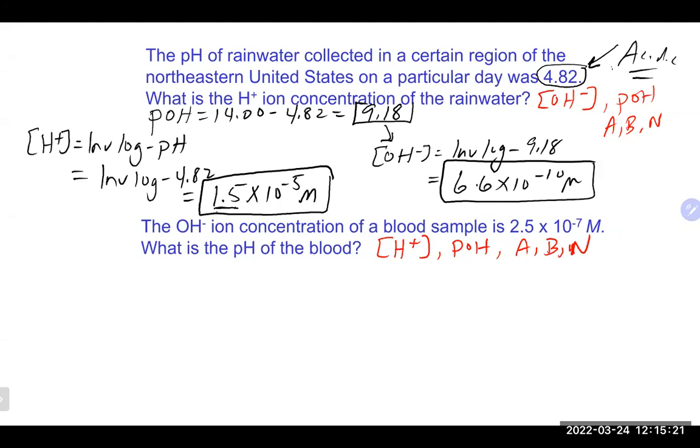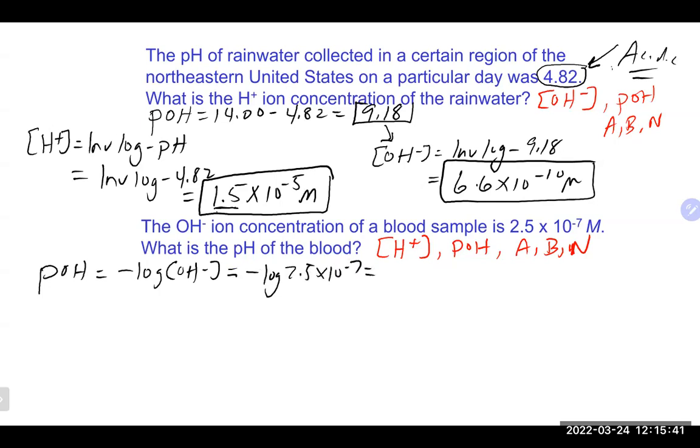Okay, looking at the bottom one here, we have the OH minus concentration. So again, we can get the pOH directly from that if we wanted to. pOH would be minus the log of the OH minus concentration, which would be minus the log of 2.5 times 10 to the minus 7.